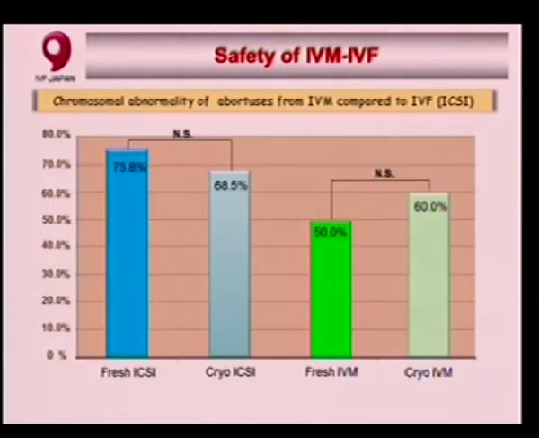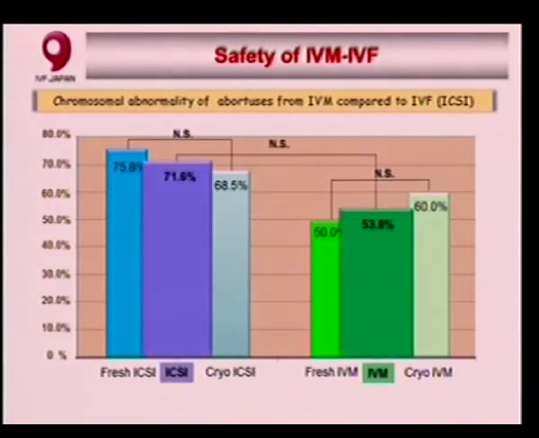And also, this is the chromosomal abnormality of the abortuses from usual IVF and also IVM. We usually apply ICSI for IVM, so we compare with usual ICSI, fresh and frozen. This is abortuses, from abortion sampling. On average, nothing is different, even for abortuses.